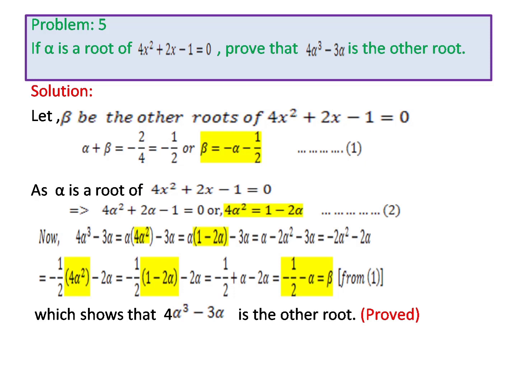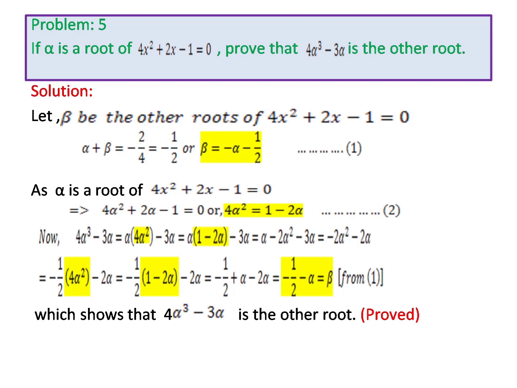by 4 alpha square, that is minus half into 4 alpha square, look at the highlighted portion, minus 2 alpha, and this 4 alpha square we replace by 1 minus 2 alpha. After putting this value and calculating, we have minus half plus alpha minus 2 alpha, which equals minus half minus alpha, and from equation 1 we get this equals beta.